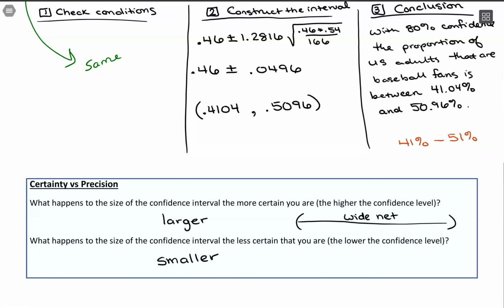Because the confidence is so low, we can use this teeny tiny range, since it's basically okay that the true population proportion lands outside of that range. So with lower confidence, we end up using a small net because we're less confident of that true value being inside. That's how confidence level can influence the width of the interval.